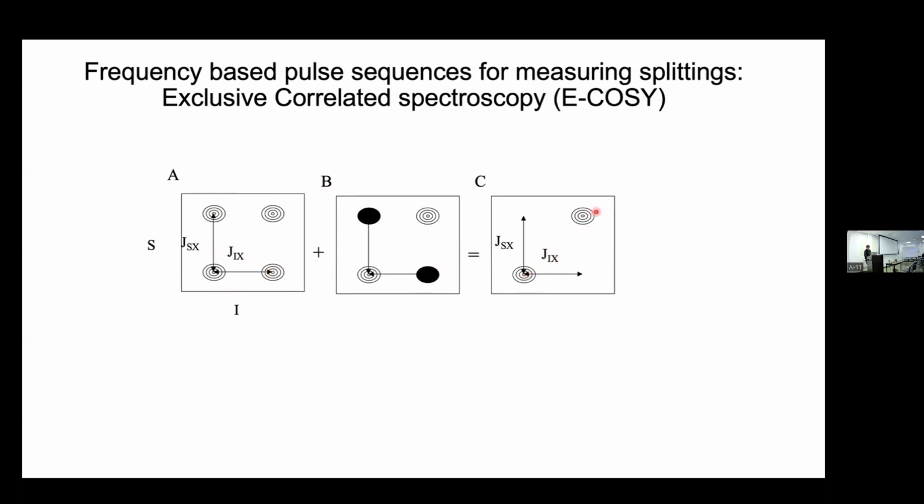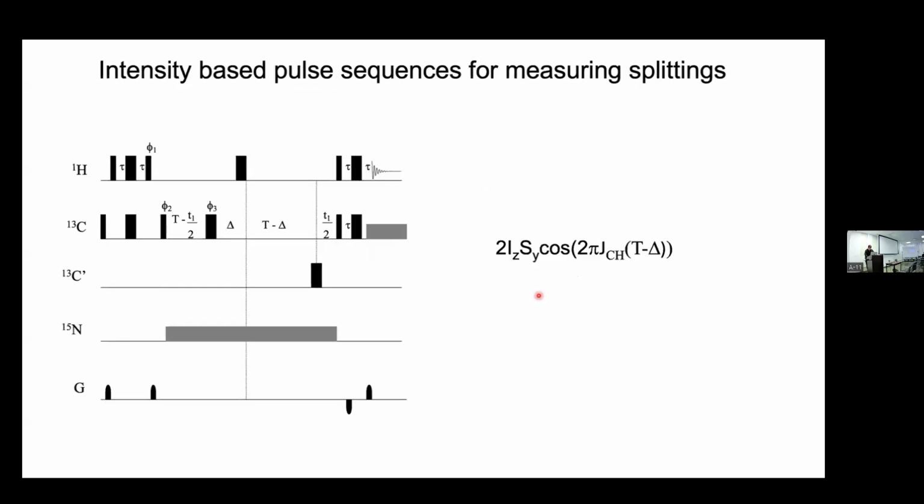So you can get this peak and that peak, the centers, and thereby measure JIX, despite the fact that they would otherwise be unresolved. You're using another scalar coupling to shift peaks apart to get the target. So you're using JSX to resolve the JIX by this type of topology.